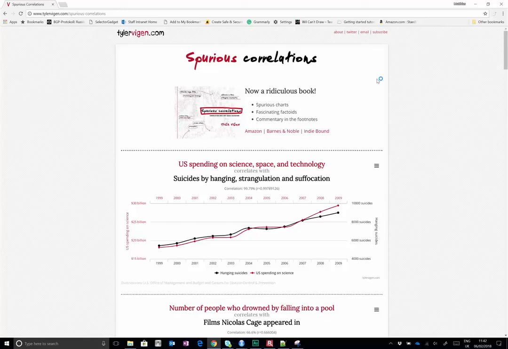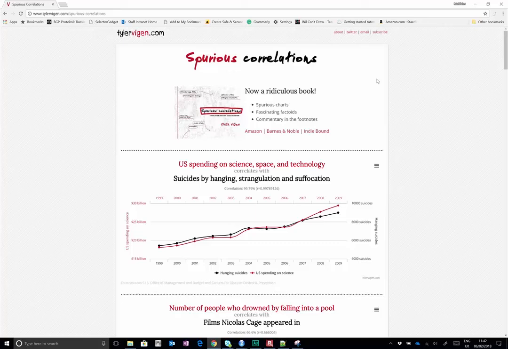So basically people just took a computer and they fitted in all the numbers they could find, and they were looking for things that link together. So in this case it looks like there's a strong link between US spending on science, space and technology and suicides by hanging, strangulation and suffocation. Correlation 99.8%.